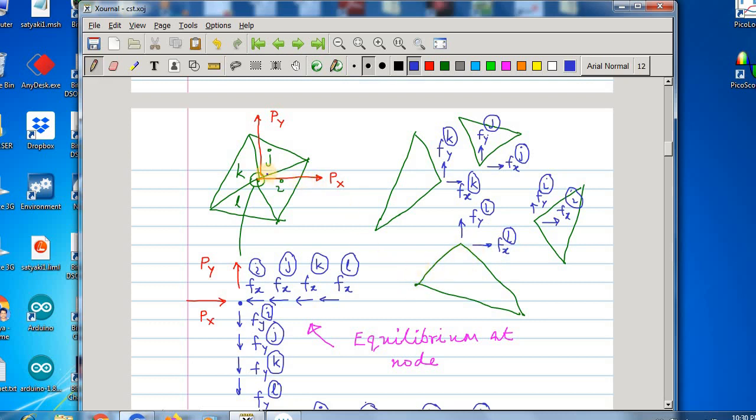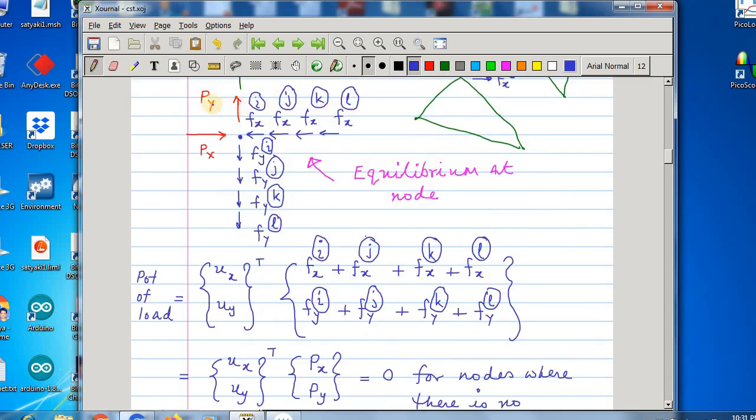If you now consider this node, the opposite forces will act on the node, and if two external forces Px and Py act on this node, then this is the equilibrium diagram.